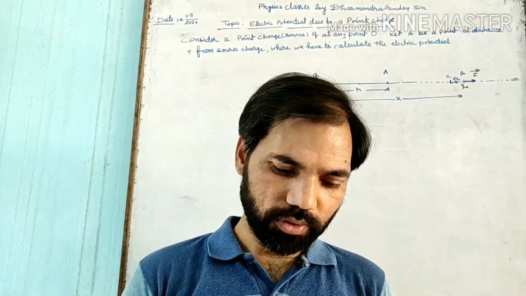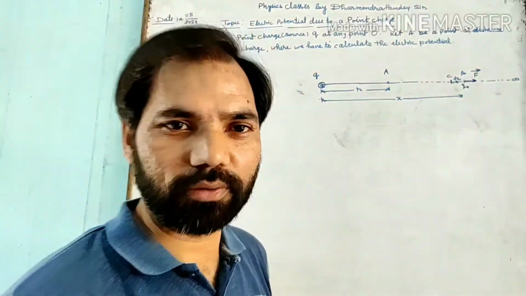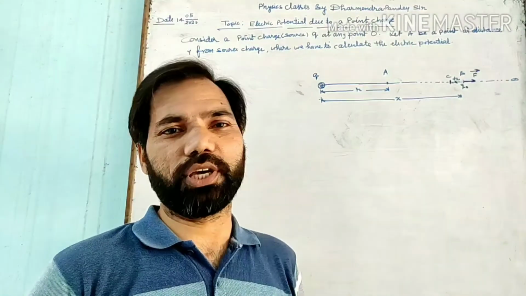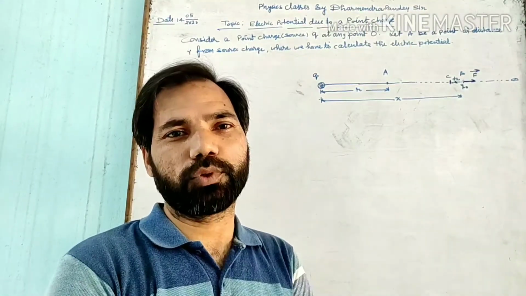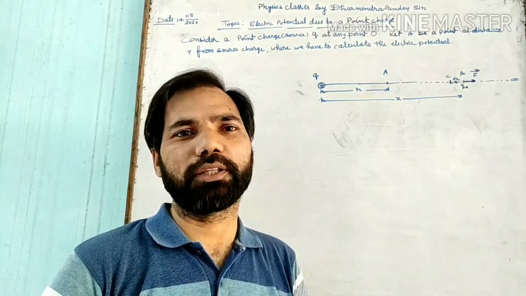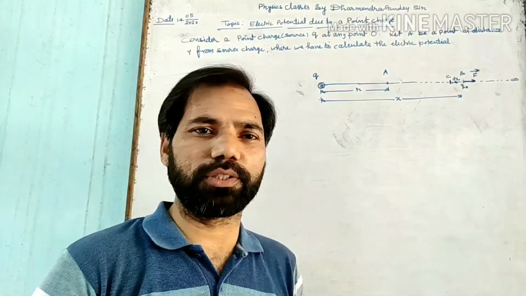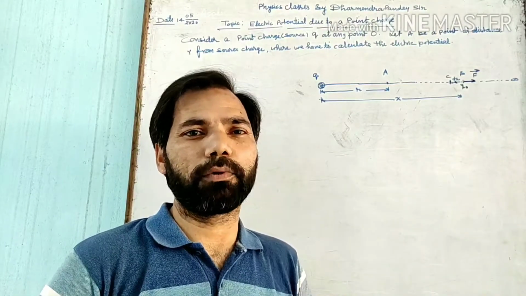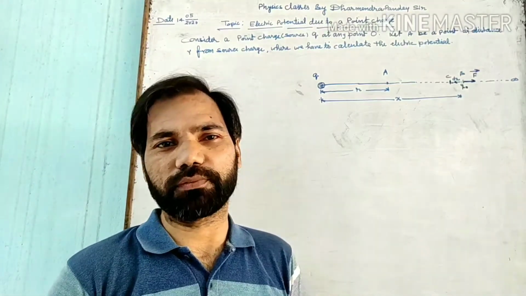So, to calculate the expression for potential due to a point charge, one must calculate the work done in bringing the positive test charge from infinity to a particular point in the electrostatic field.